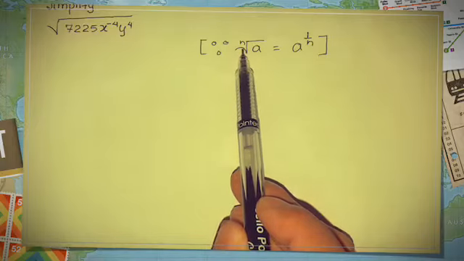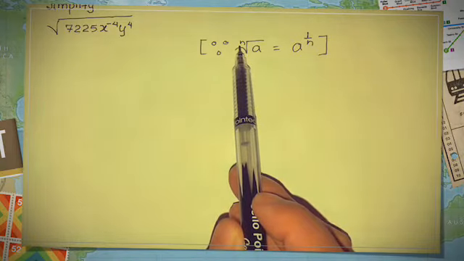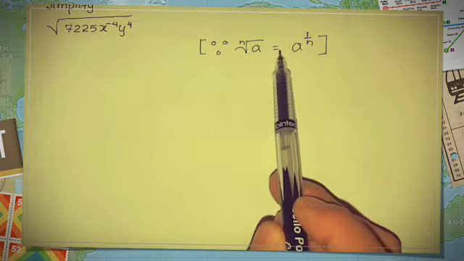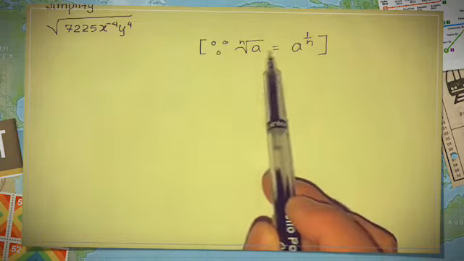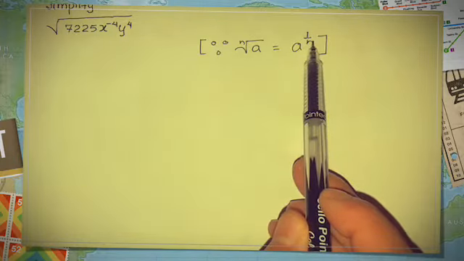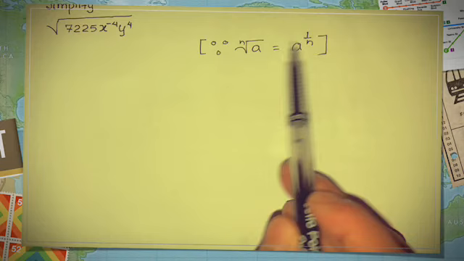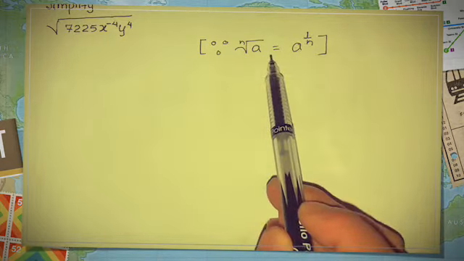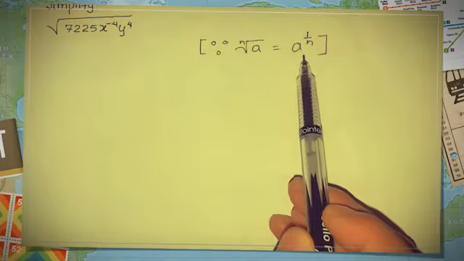When the order of the surd is n, this can be expressed as a to the power 1 by n, a fraction which has the numerator 1 and takes the order as the denominator. This law of fractional indices we can use here.